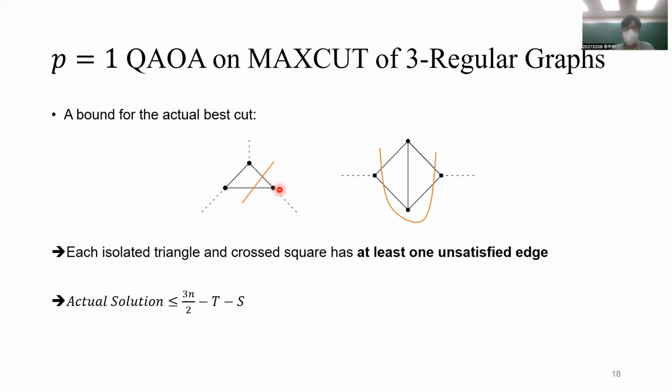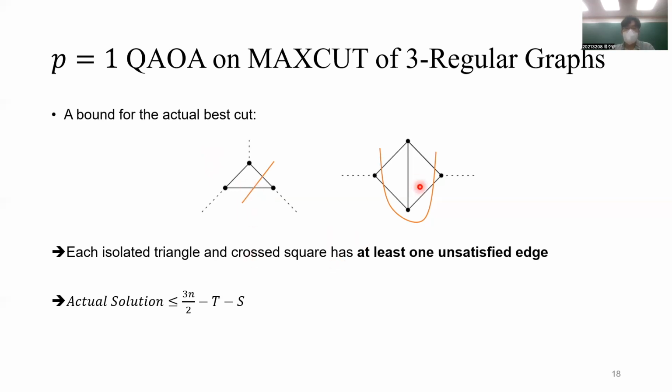So if we consider each triangle, we can see that there is at least one unsatisfied edge. So there can be this type of cut, this type of cut, or this type of cut. But in each case, there is always one unsatisfied edge. Note that this is not a cut, because this goes through this edge 2 times.